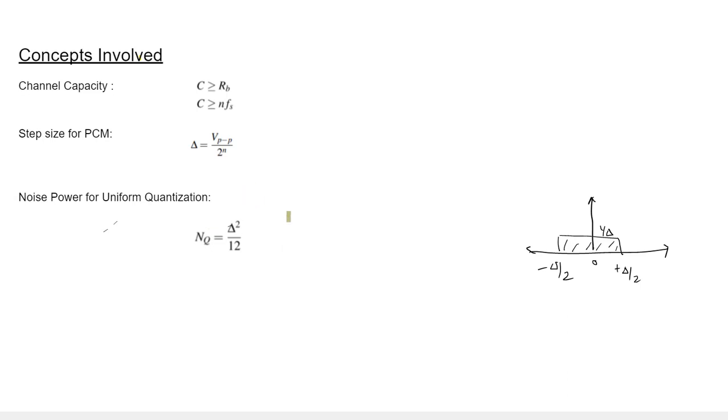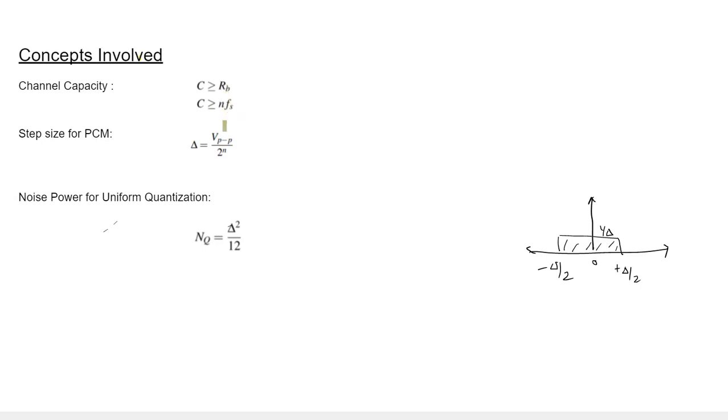Now, when we design a transmitter or a receiver, what we don't have in control is the channel and hence the channel capacity. What we want is to have as low noise power or quantization noise as possible. In order to have the least quantization noise, the step size must be reduced. In order to reduce the step size, we need to increase the number of bits, and if we increase the number of bits too much, the bit rate might go over the channel capacity.